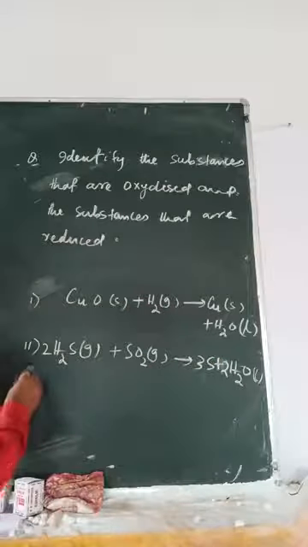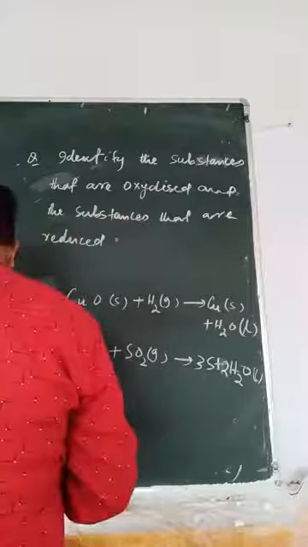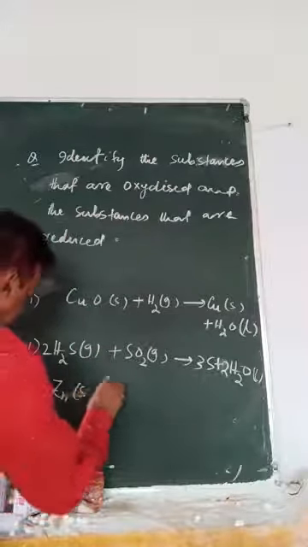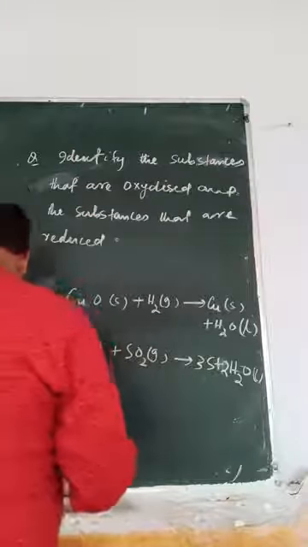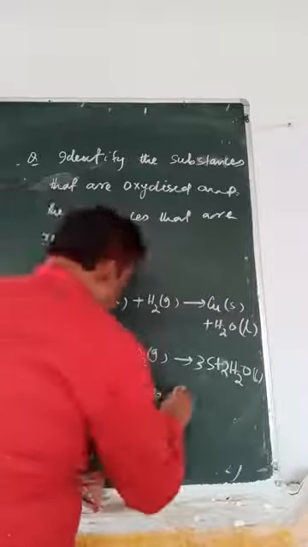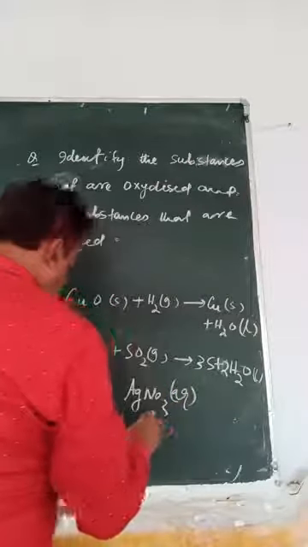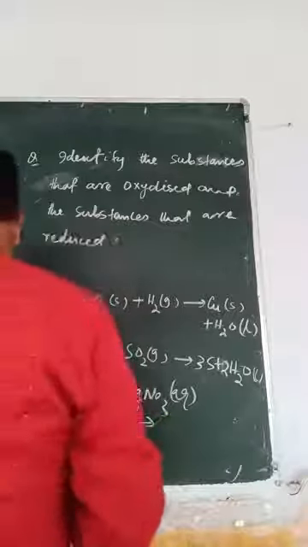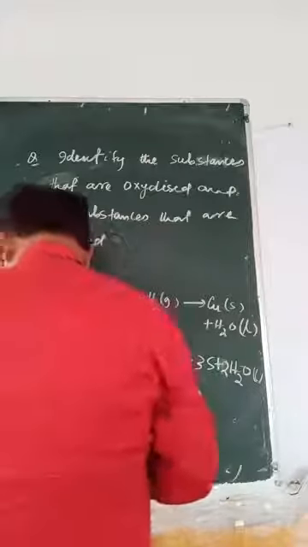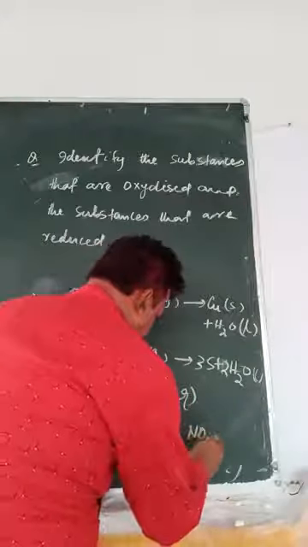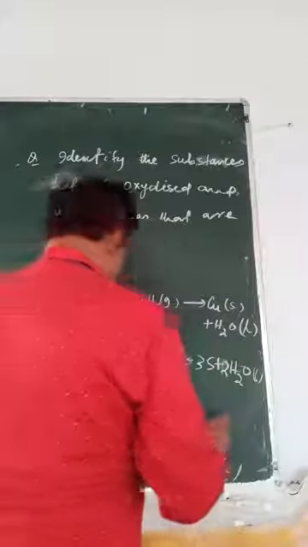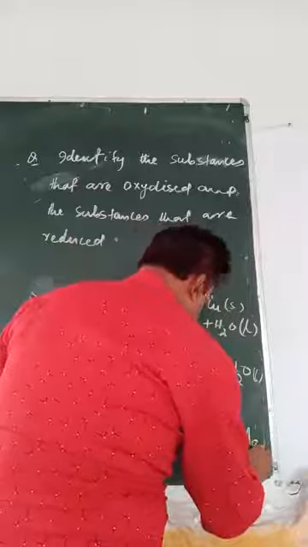Okay. Third equation, suppose that is zinc. Zinc is a solid here plus AgNO3, this is aqueous solution, gives you Zn(NO3)2 plus 2Ag.